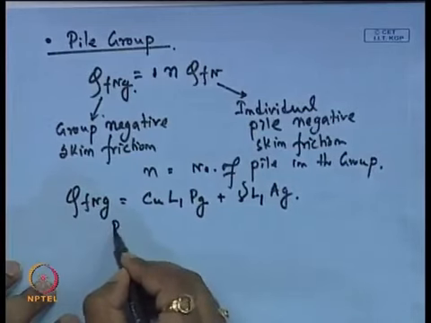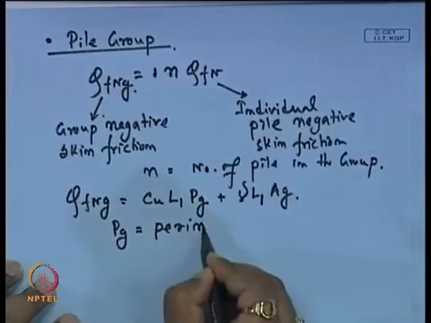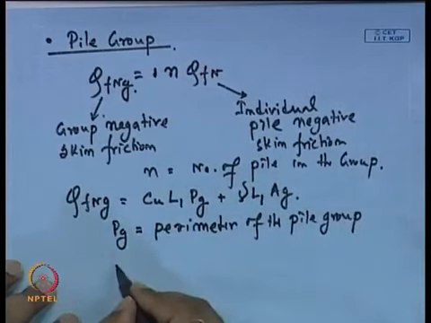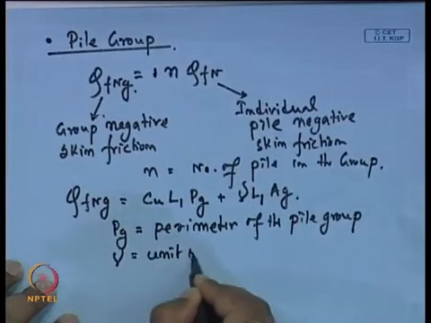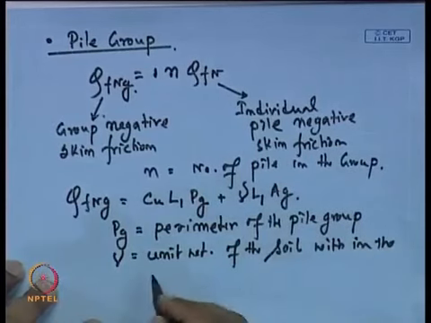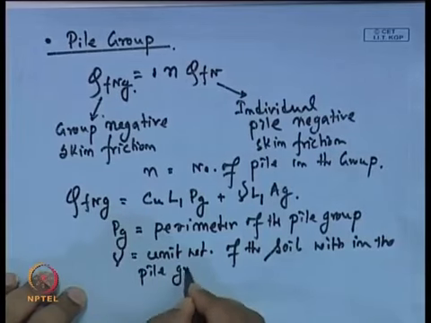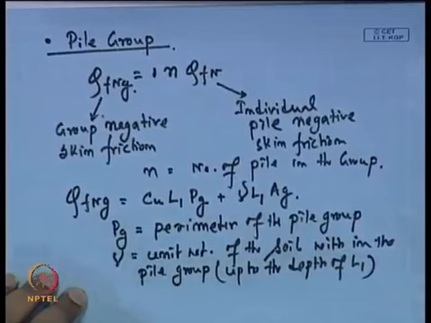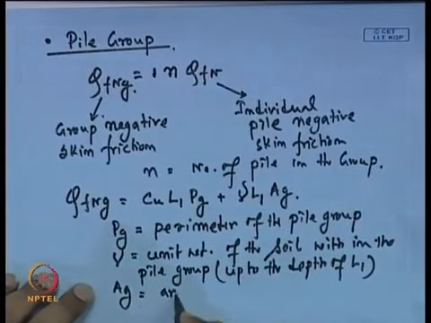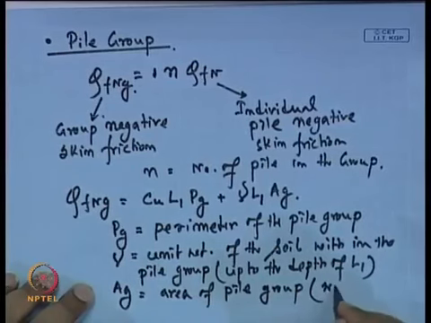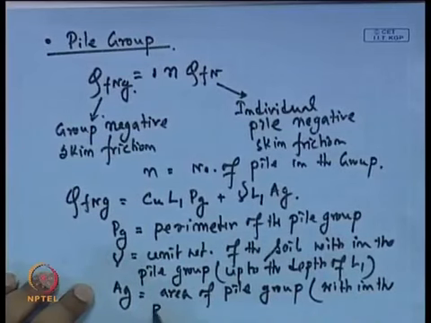Here Pg is the perimeter of the pile group, then gamma is the unit weight of the soil within the pile group up to the depth of L1, and Ag is the area of the pile group that is within the perimeter Pg.